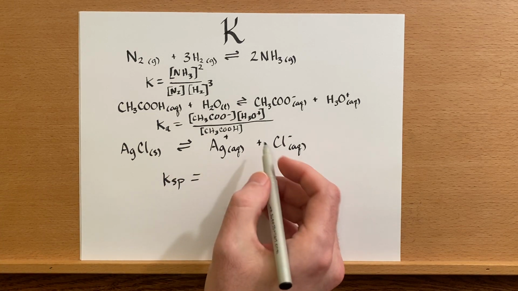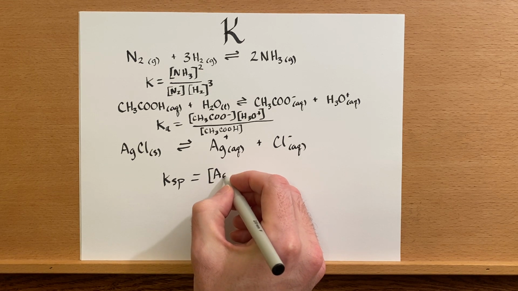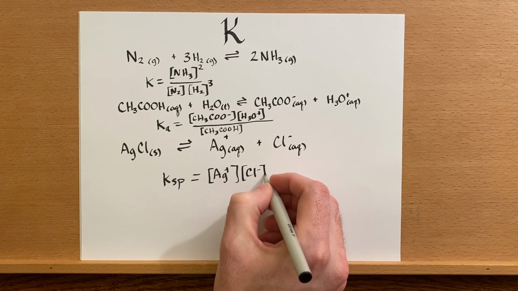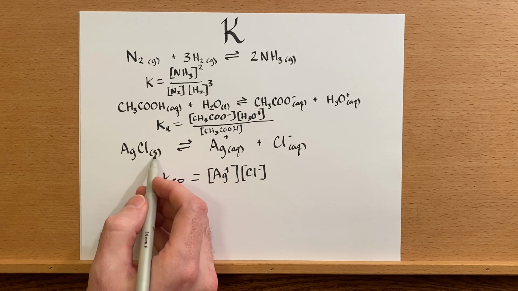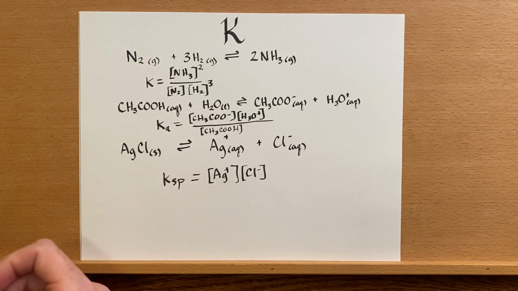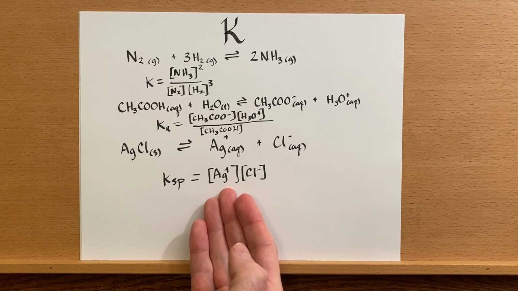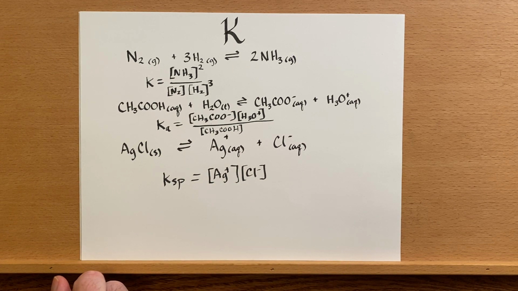And so in this case, the equilibrium constant expression is just the silver concentration times the chloride ion concentration, divided by, well, there's only one reactant and it's a solid and it doesn't go in. So that's why they call it solubility product, because it's only multiplying. That's why.